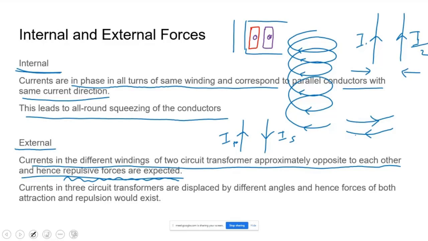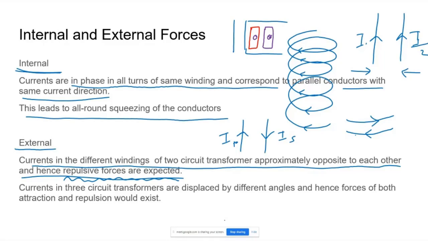Sir, when you are showing this cross-sectional view, I am confused whether it is a front view or a top view. It is a front view. You have cut the transformer exactly in the center, parallel to its height.